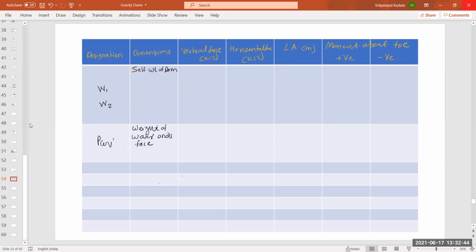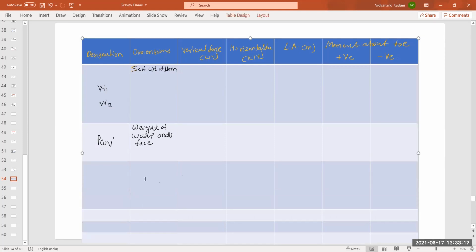Then uplift pressure. In that we have used the designations U1, U2, and U3.